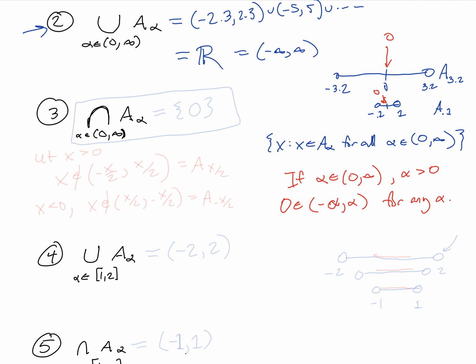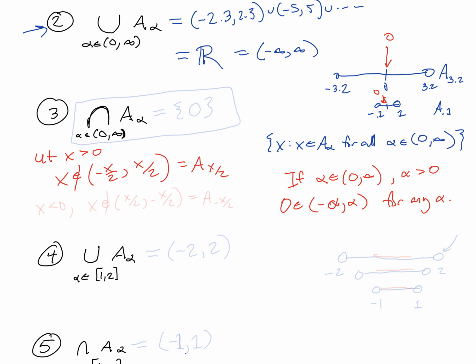And that means that 0 is in this intersection. Is anything else in this intersection? Nothing else will be. If we let x be greater than 0, can we find some A alpha that x is not in? Yes. x is not an element, for example, of the set from negative x over 2 to positive x over 2, which would be A sub x over 2.